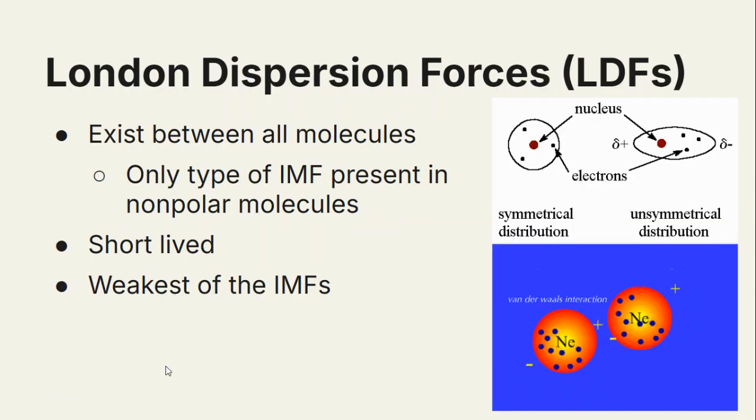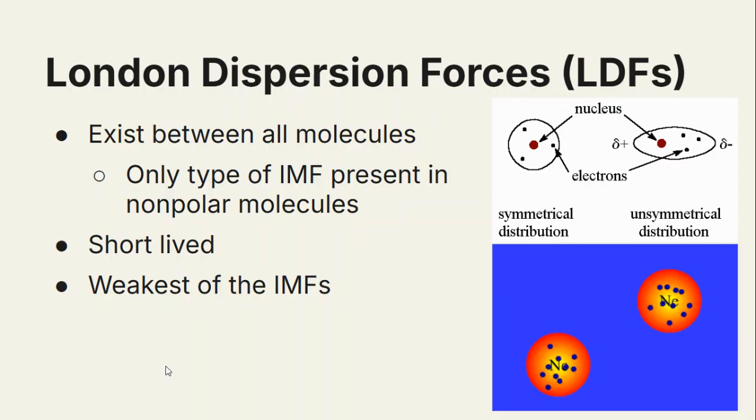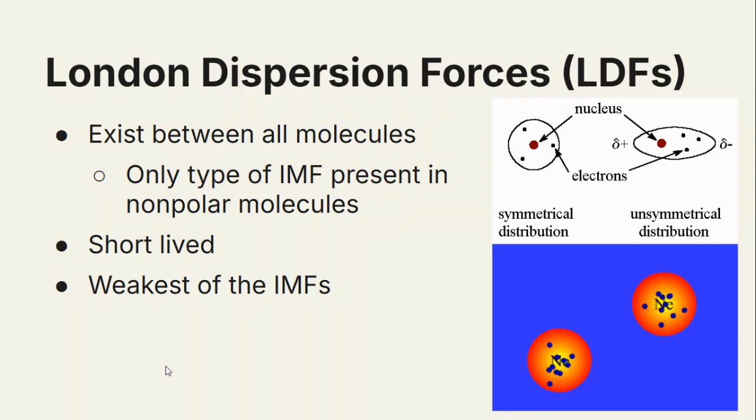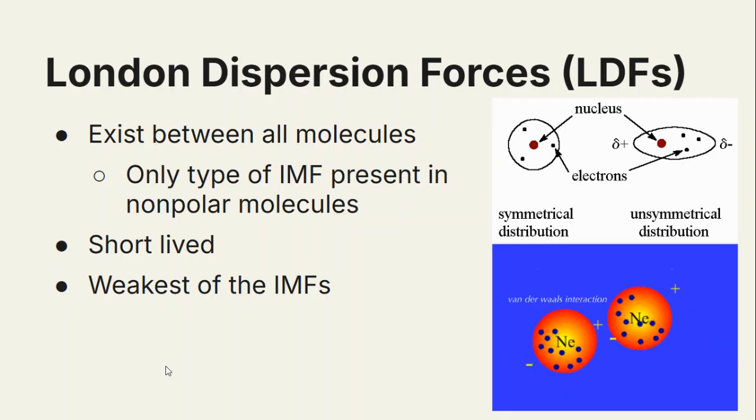Now, what's important to note about LDFs is these are going to exist between all molecules and atoms. Any particle can form LDFs because every particle has electrons that are randomly moving and can just naturally be unevenly distributed. This is the only type of IMF that will be present in nonpolar molecules.